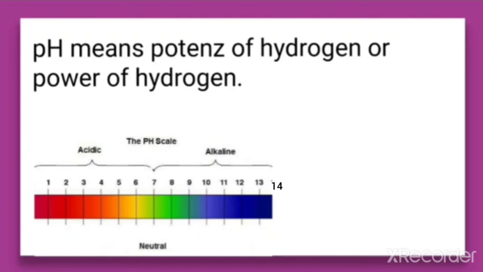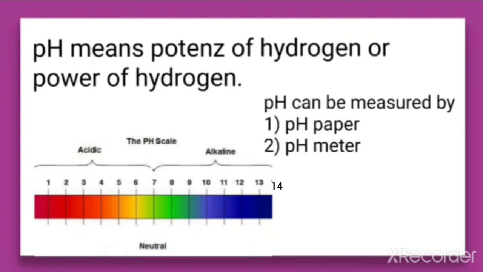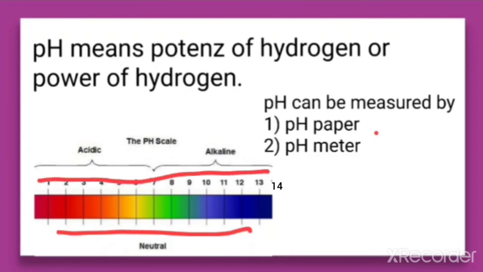The pH value can be roughly found with the help of pH paper. A strip of pH paper is dipped in the given solution, and the color change is compared with the pH color scale, and from this we can identify the pH of the solution.